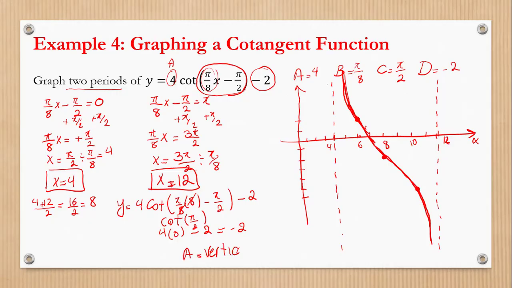Vertical stretch means how much your graph will be stretched going up or down. And you can see in this graph, since the a is 4, it's a big number, my graph is getting stretched, and it's getting kind of close to a straight line instead of having a curve because of that stretch.